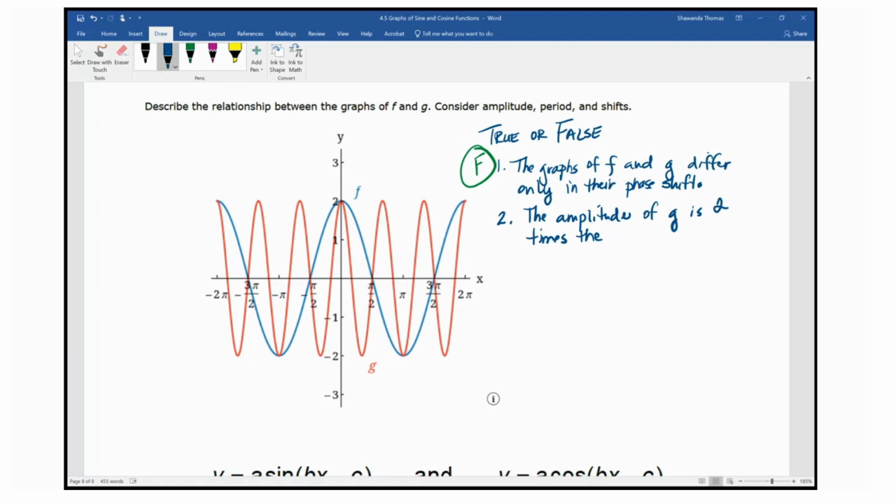The amplitude of G is 2 times the period of F. That's what it said. The amplitude of G is 2 times the period of F.